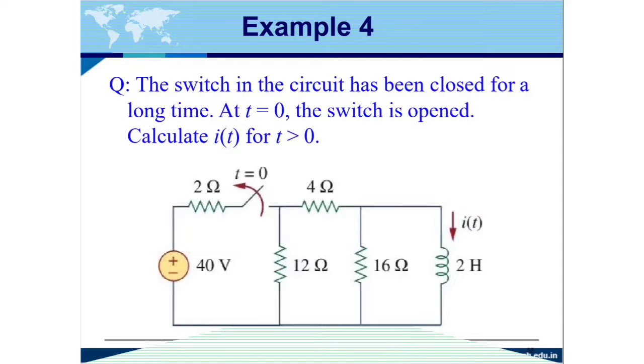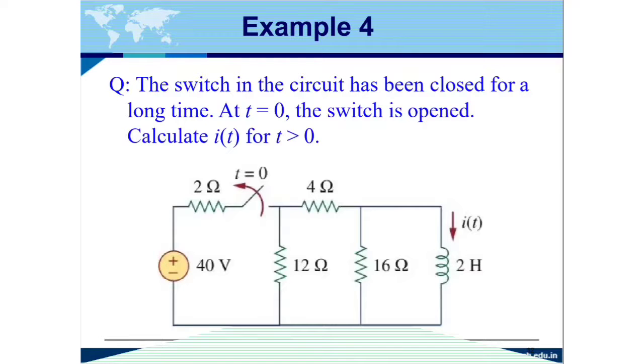The next example is with the switch. The switch in the circuit has been closed for a long time. It is opened at t equal to 0, which means at present the switch is open. Previously the switch was closed, so the inductor has stored energy. When the switch is open, whatever energy is stored in the inductor is dissipated through the resistor.